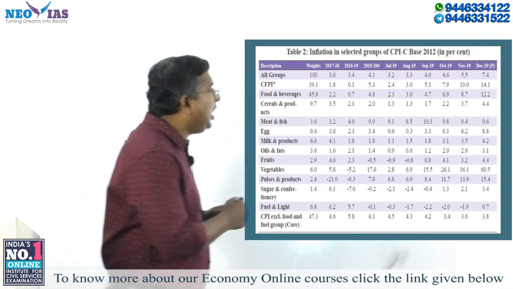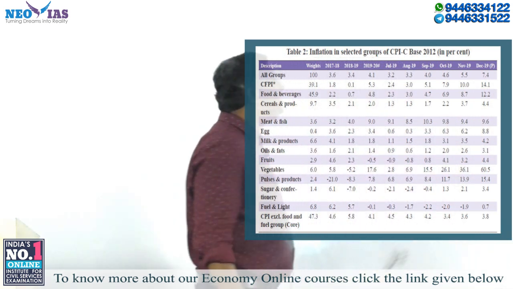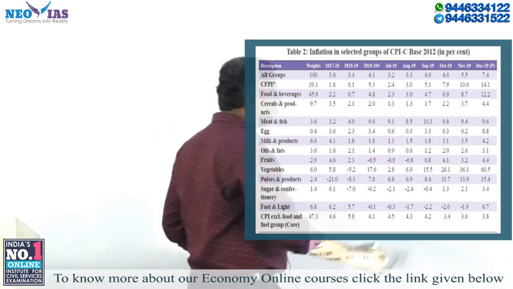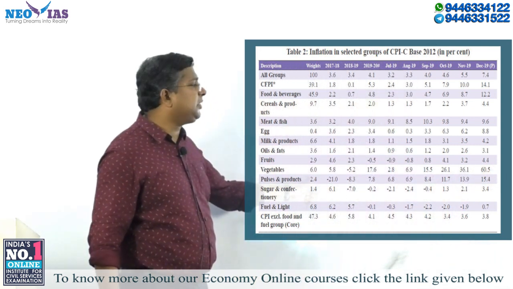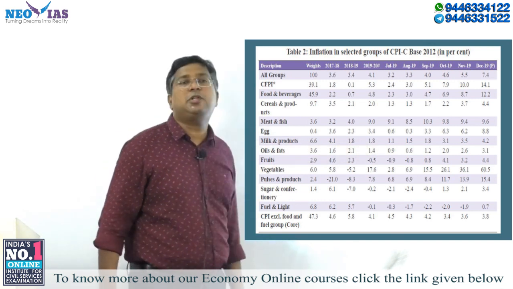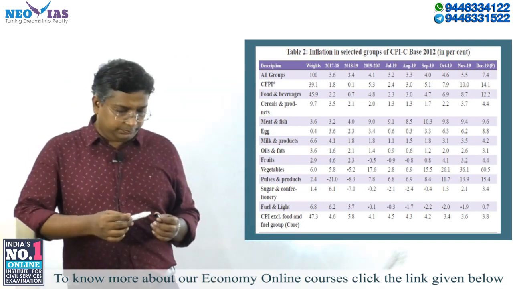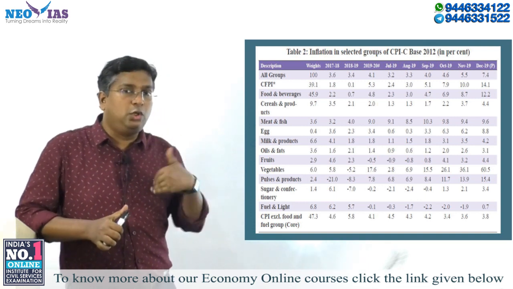The reason for the high food inflation in December 2019 is vegetables. Vegetables, which have a weightage of 6%, rose to 60% in December 2019. This information is conveyed in the economic survey, so you just note it down.